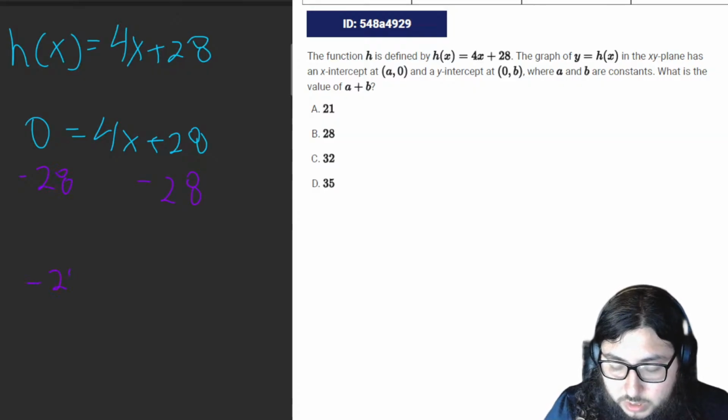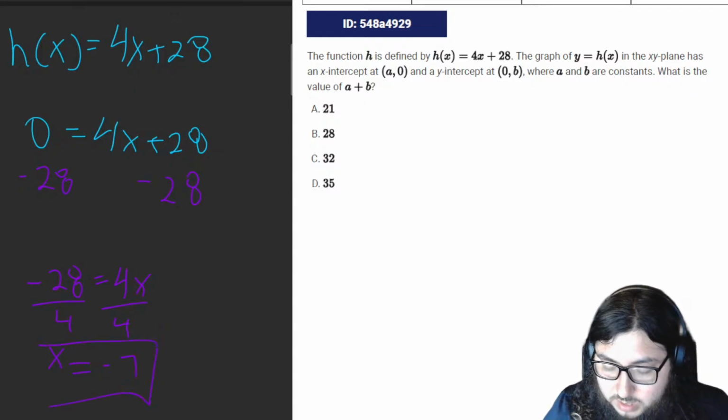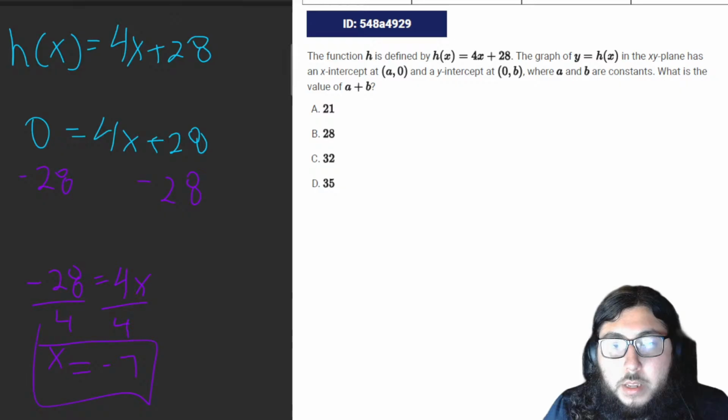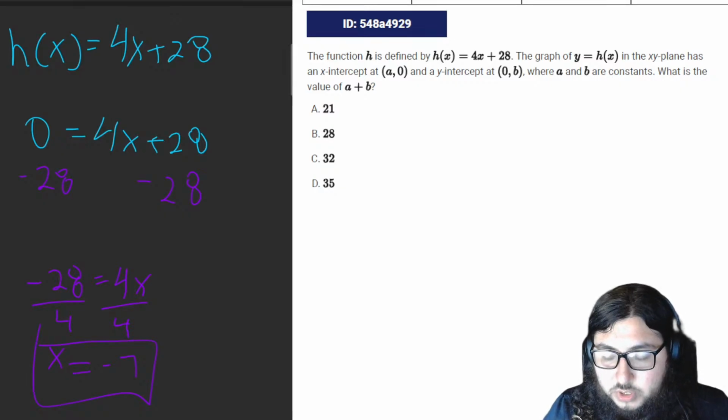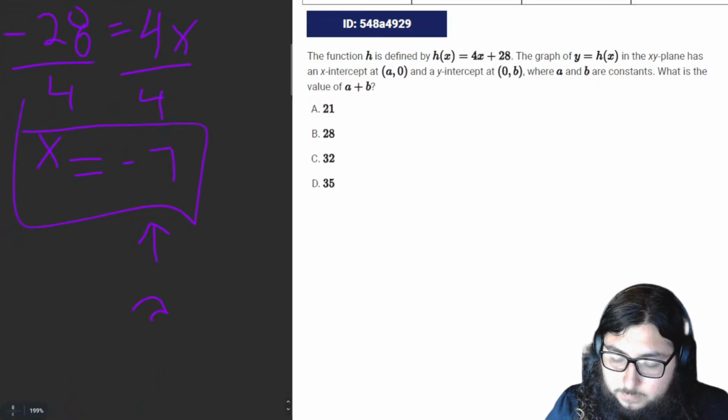We get negative 28 is equal to 4x. x is therefore, if we divide by 4 on both sides, equal to negative 7. So x equals negative 7, which is a.